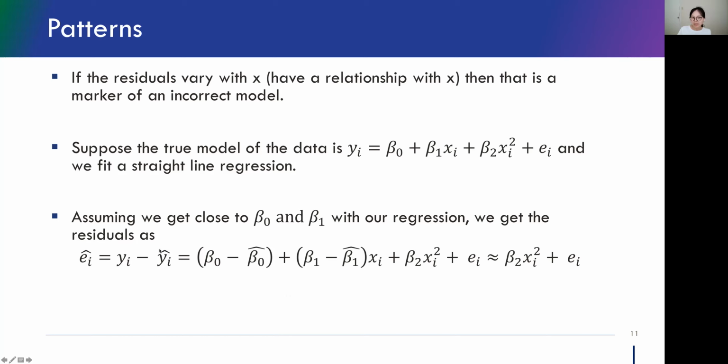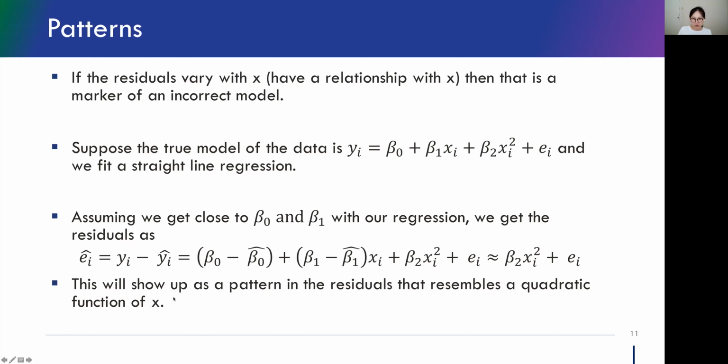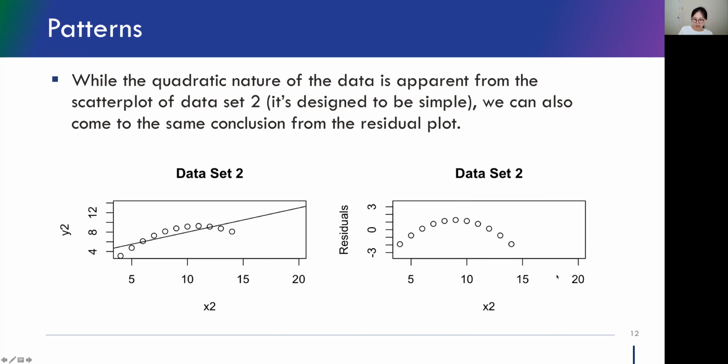So when you take the difference, this quantity is left over along with our true errors. So this will show up as a pattern in the residuals that resembles a quadratic function of x. This is how the pattern of a wrong model will show up when we plot the residuals.